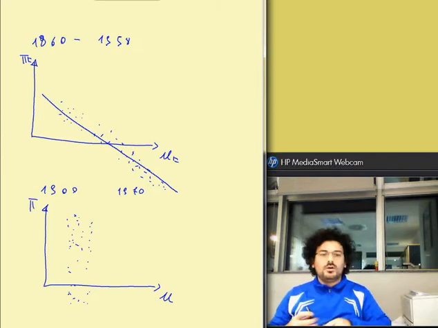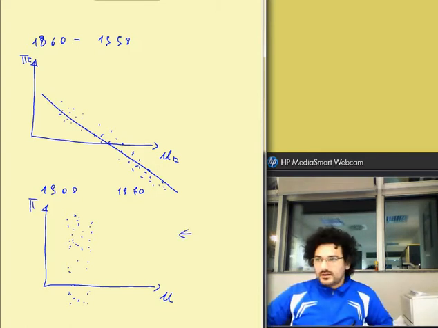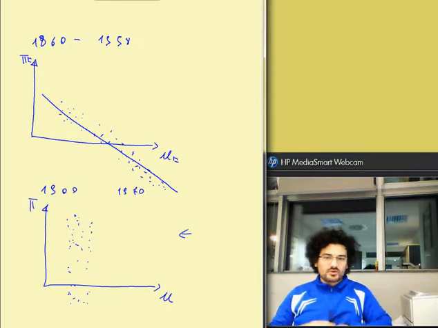And so from this intuition we can justify the modern formulation of the Phillips curve.